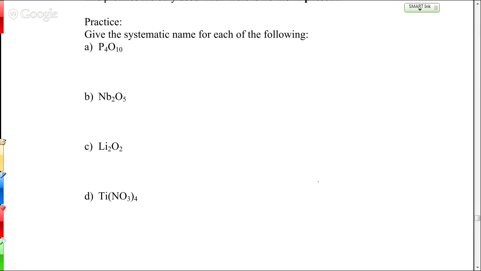Covalent, because there's no metal there. Both of those atoms are on the right side of that line that we talked about. So we know there's not going to be a metal. That means we name it using those last rules that we just talked about. So what would that be here? We didn't get to the 10, but 10 is deca.